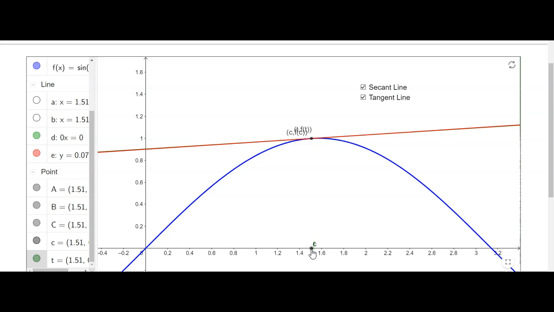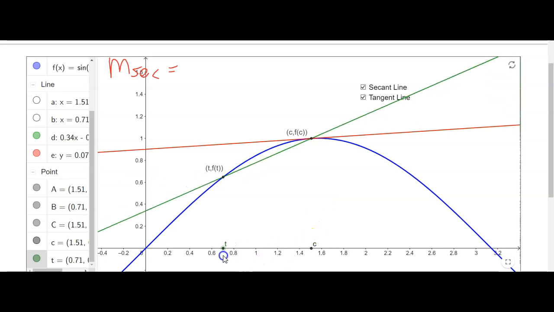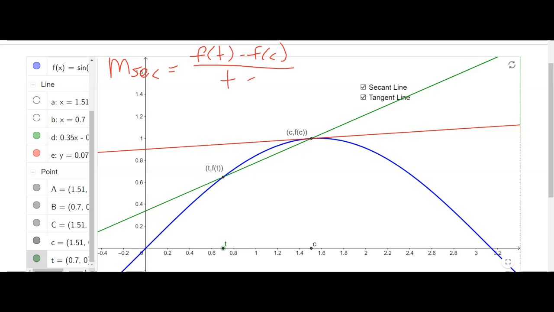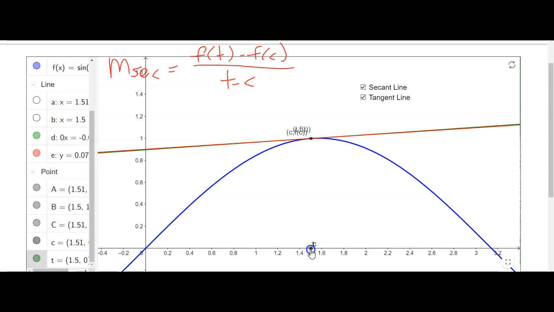But we ran into the problem of, our formula for the slope of the secant line, let me move that t value away so it's easier to see. Our slope of the secant line ends up being f of t minus f of c all over the quantity t minus c. And if we move that t value directly on top of c, so t is the same as c, well then we run into a problem.